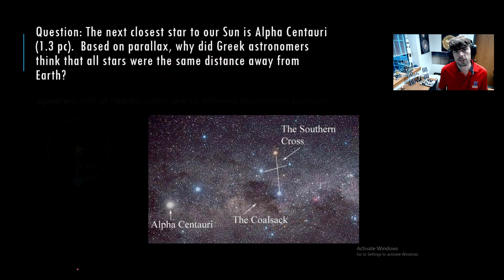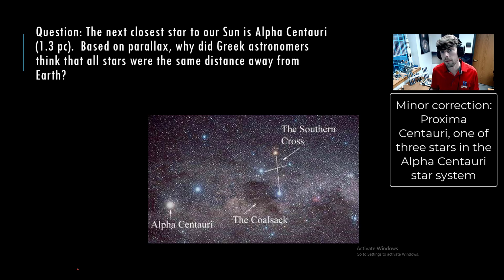So here's the question. The next closest star to our sun is Alpha Centauri. And I've actually given you the distance in parsecs, 1.3 parsecs. That corresponds roughly to about 4 light years. Based on the parallax measurement, why did Greek astronomers think that all stars were the same distance away?